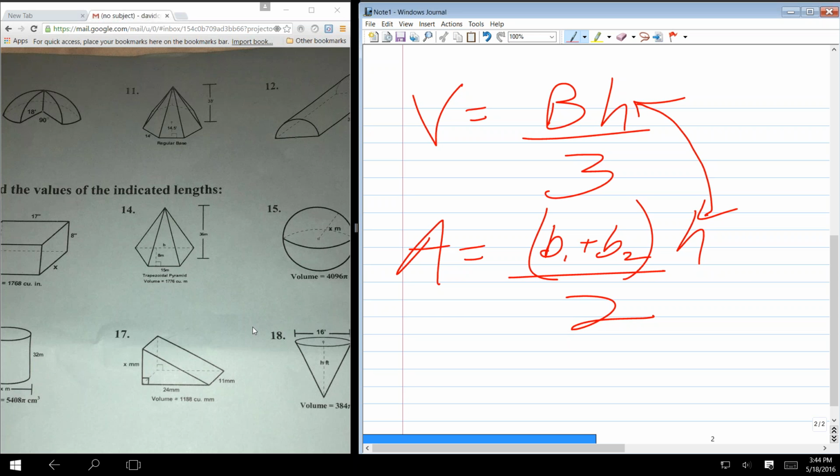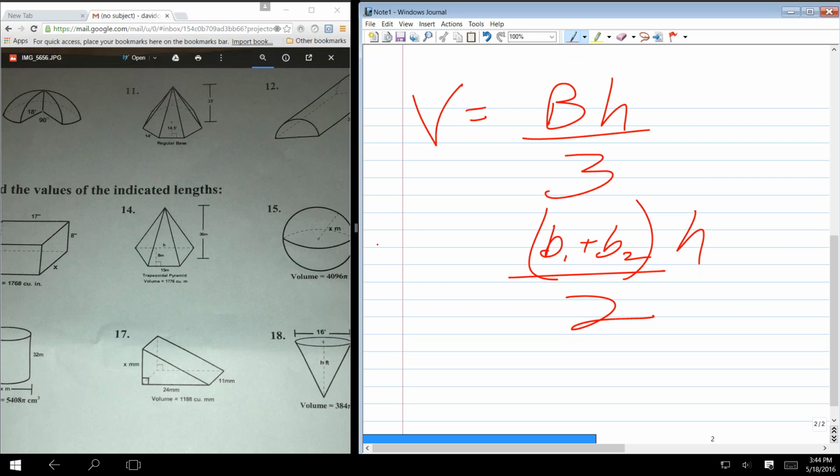Okay, you with me? So the way we're going to solve this is, this is the base capital B that we're talking about. And they give us the volume. The volume is 1776.